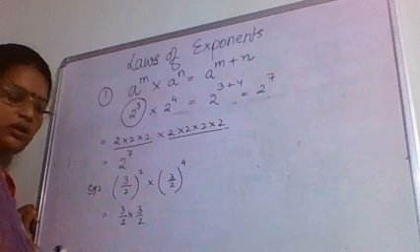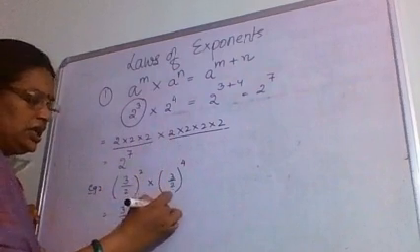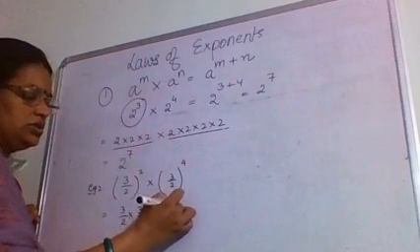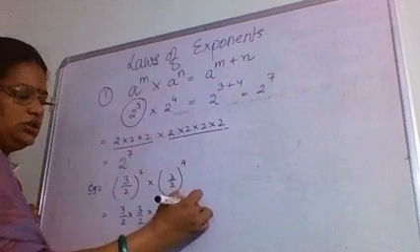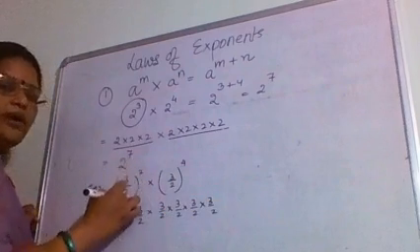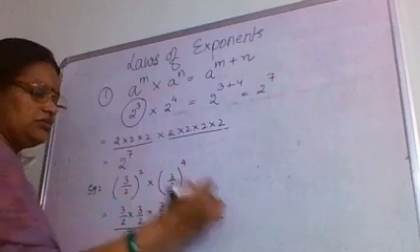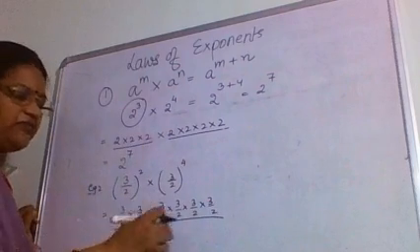Okay. And what about 3 by 2 raised to power 4? It is 3 by 2 into 3 by 2 into 3 by 2 into 3 by 2. This 3 by 2 is written twice and this 3 by 2 is written 4 times. So we have written it in the expanded form.